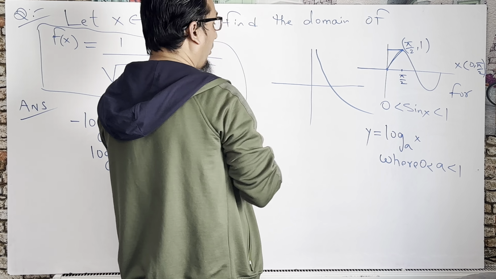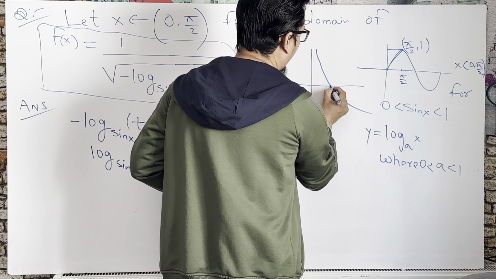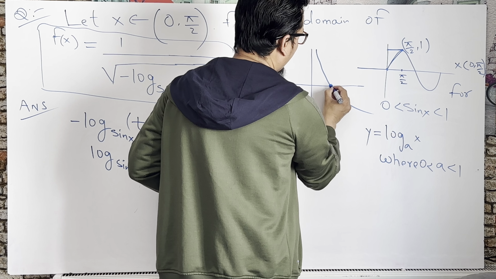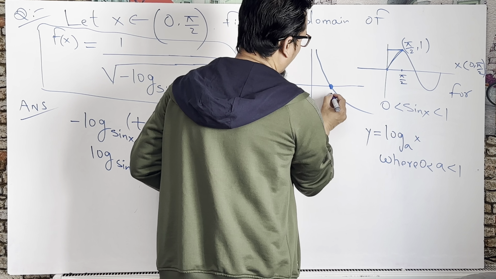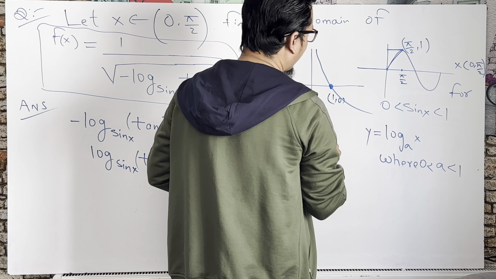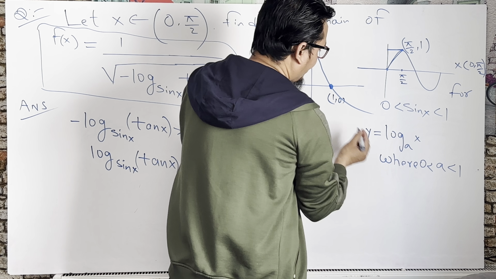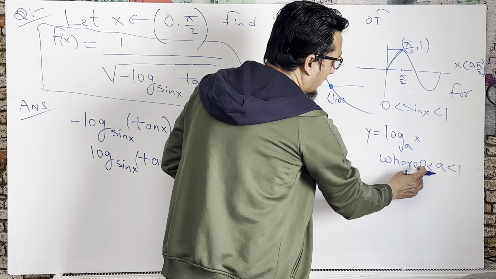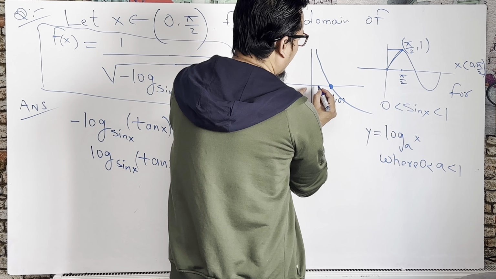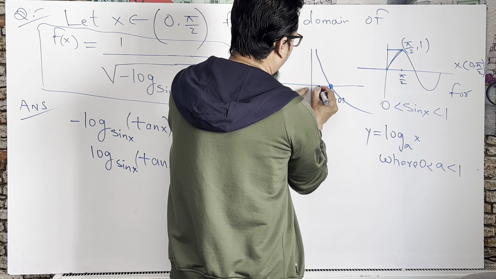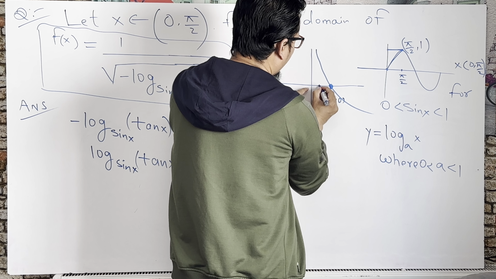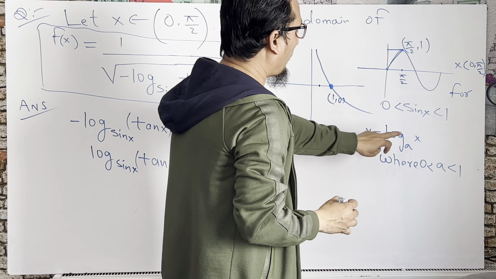Already I told you that in the logarithmic function we must have two essential points. The first point is the coordinate 1, 0 always. And the second, as this a is greater than 0 but less than 1, it must be somewhere else.